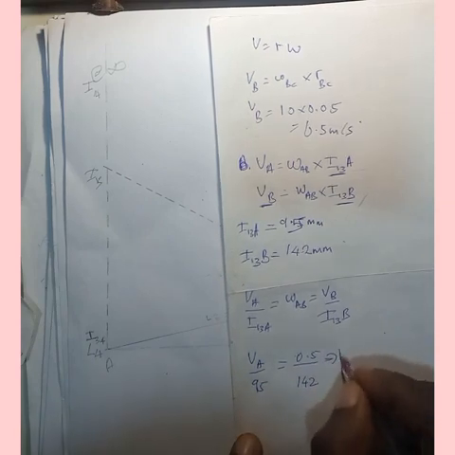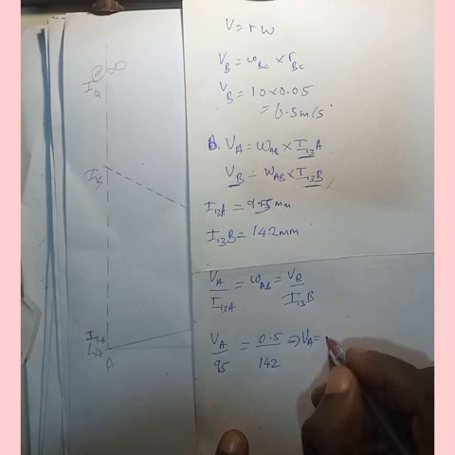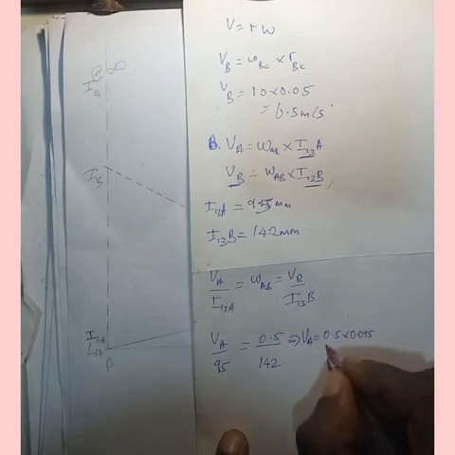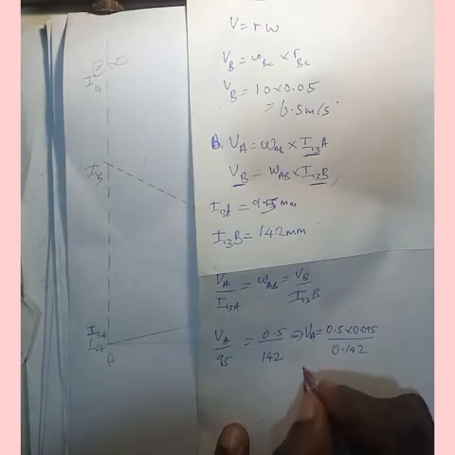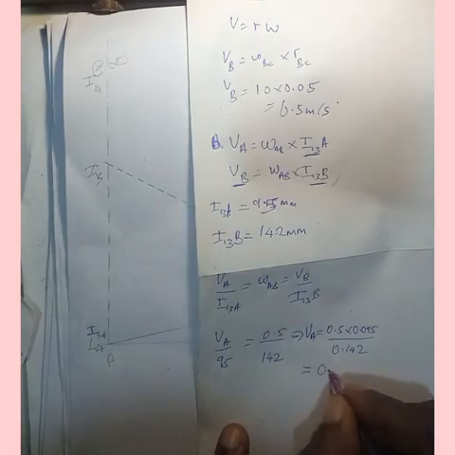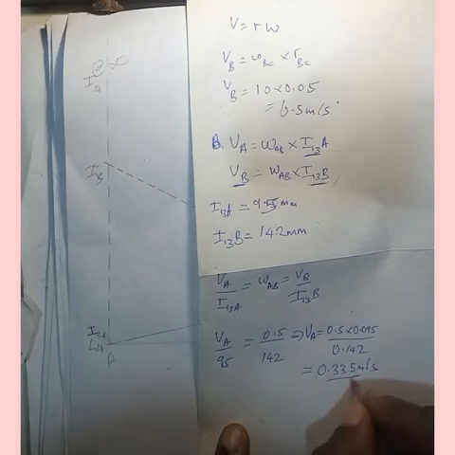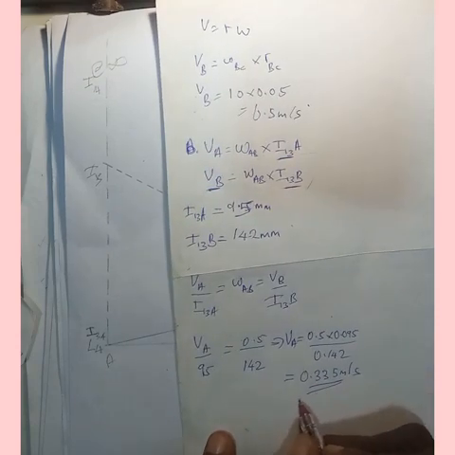So making VA the subject of the formula, we're going to have 0.5 multiplied by 0.095, that's changing it to meter, all over 0.142. So press your calculator, you're going to have 0.335 meter per second. So this is the velocity of your slider.